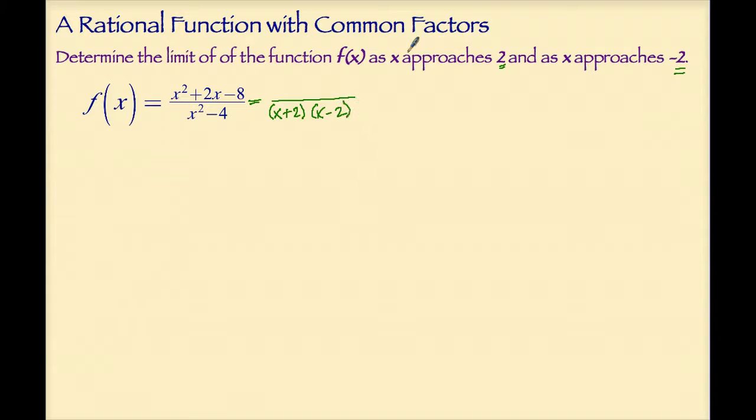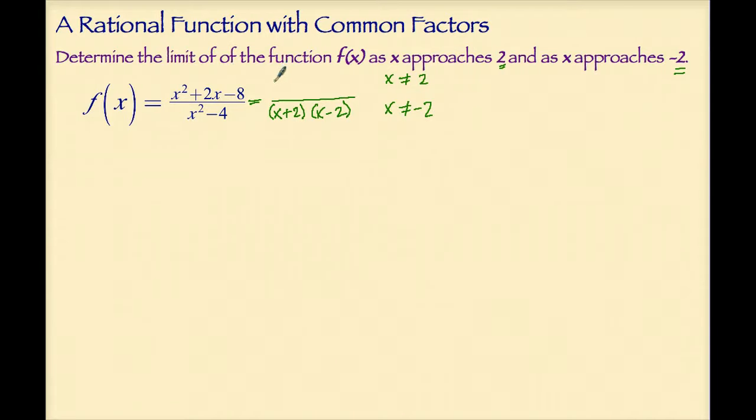Because of these factors, we will need to exclude 2 and negative 2 from the domain of this function. Furthermore, we will see discontinuities in the graph at 2 and negative 2. But they will be different kinds of discontinuities because of what's going to happen in the numerator of this function.